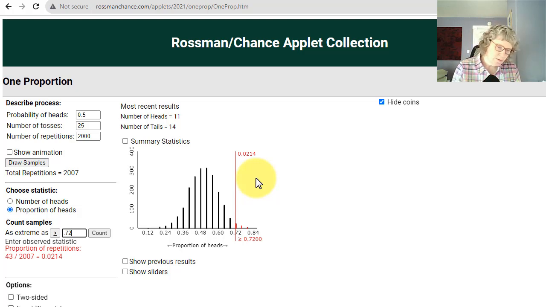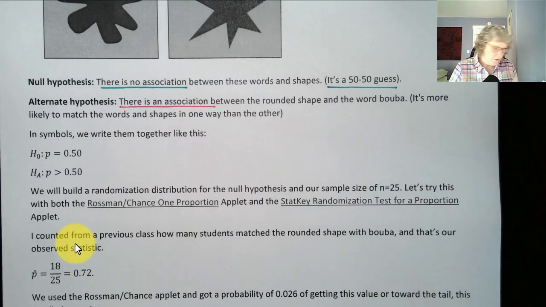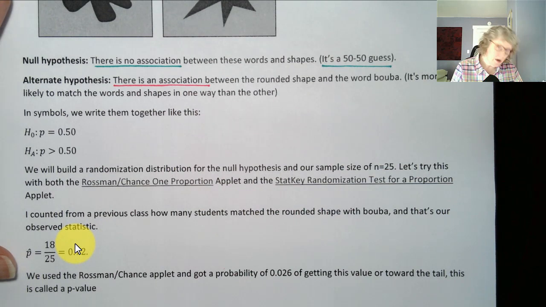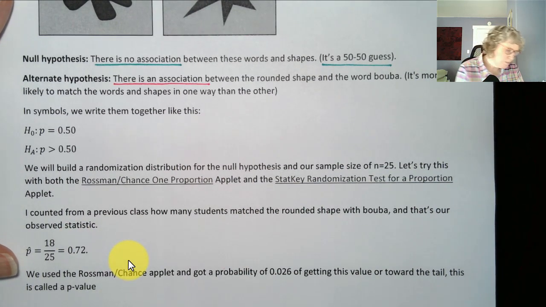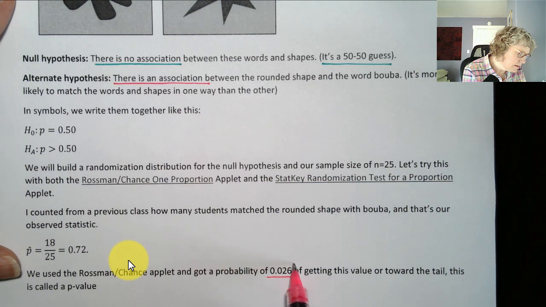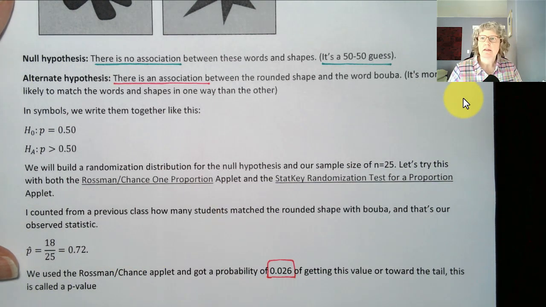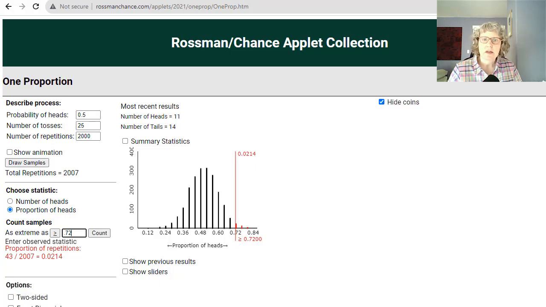Okay, so let me go back to the notes here. I've got written down here this probability that we got. Now, when we did it before, we got 0.026. And I think it was close to that, right? 0.0214 this time. So remember, this will vary with each simulation.